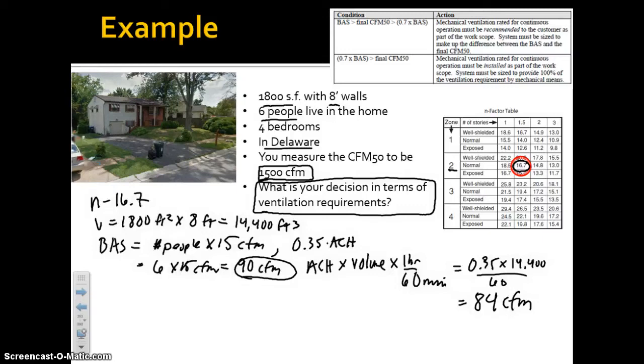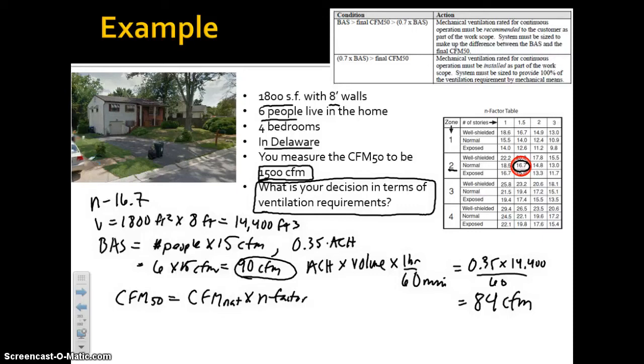Okay, and so we'll convert this to CFM 50. Remember, this is our CFM natural, so CFM 50 is the CFM natural times your N factor.